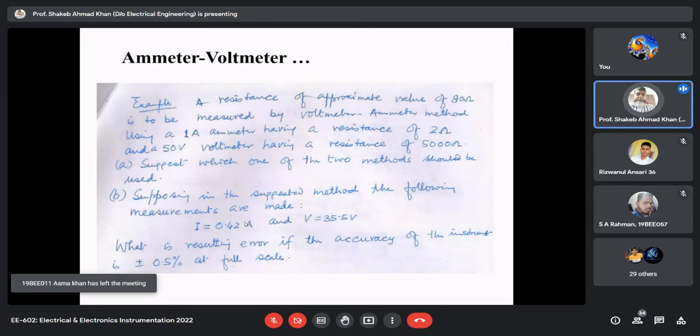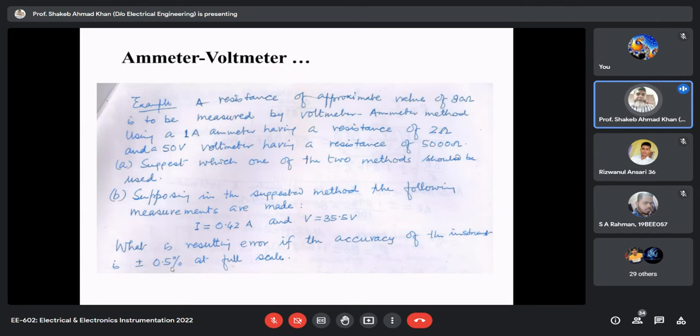Now we are using instruments, and these instruments also have an error, which is specified here as plus minus 0.5%. Your voltmeter and ammeter that you are using also have an error of plus minus 0.5% of the full scale.